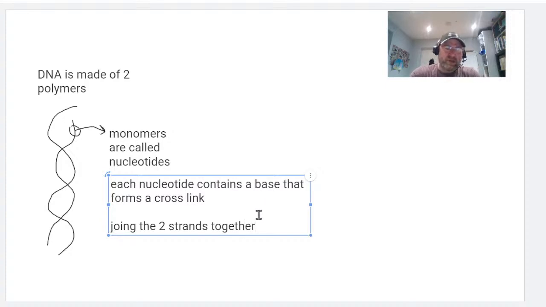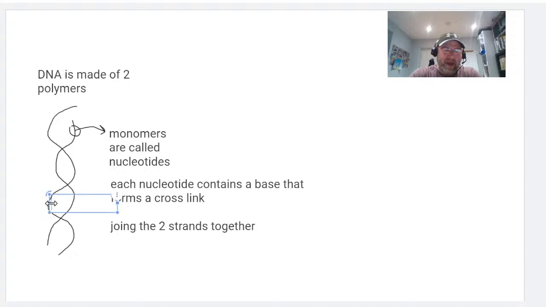There isn't a lot to know there, just that if I have an A here, I have to have a T here, and they form a weak intermolecular force called a hydrogen bond between them. And if I have a G here, I'm going to have a C here.